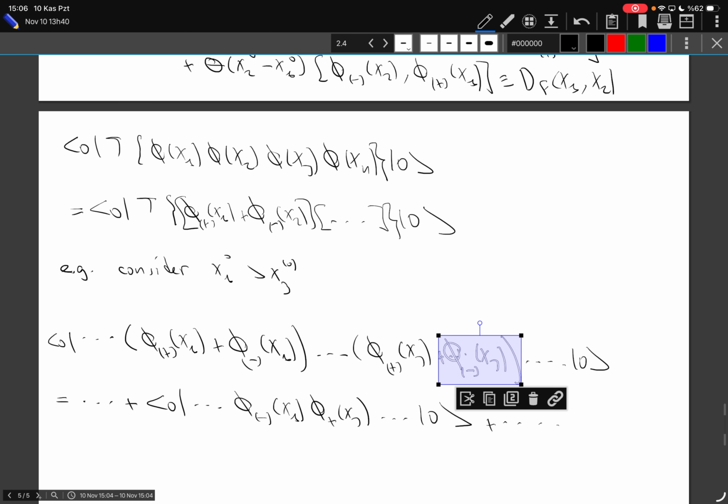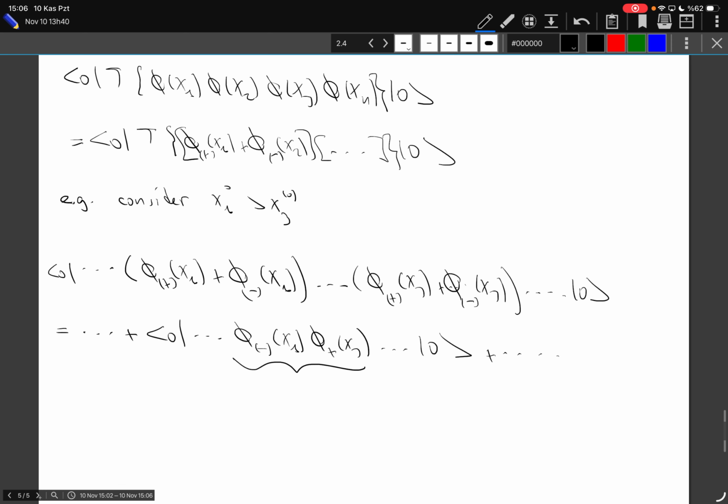Among many terms that I will receive, I will get a term in which these two should commute. I should consider their commutator. So this will be equal to whatever appears before, times the commutator of phi minus x1 and phi plus x3. Remember, this is just a C number, so I can just take it out.